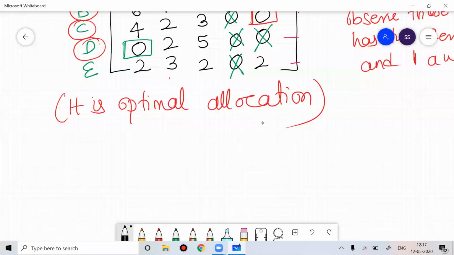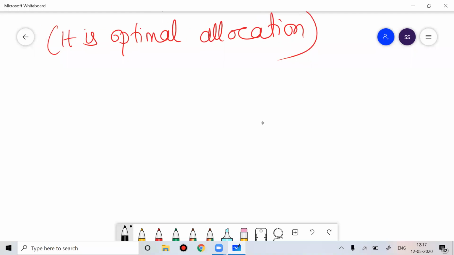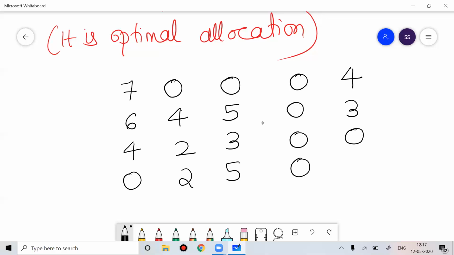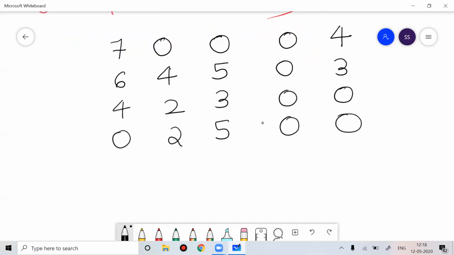The solution you got is 7 0 0 0 4, then 6 4 5 0 3, then 4 2 3 0 0, then 0 2 5 0 0, then 2 3 2 0 2.